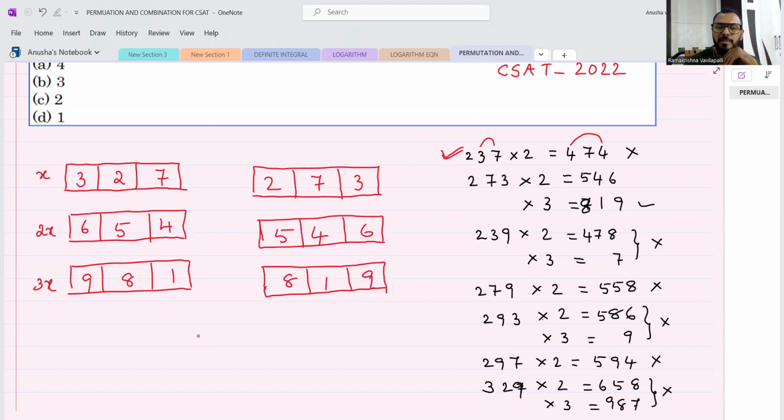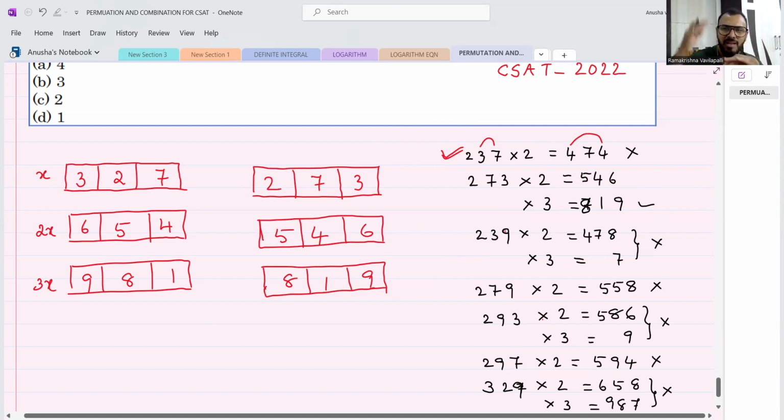And no digit is repeated, so this case is possible. Now, similarly, if you take 239, because 237 is over, next 239 into 2 is 478. Into 3, you will get unit place 7. So here 7 is repeated, so this case is eliminated.